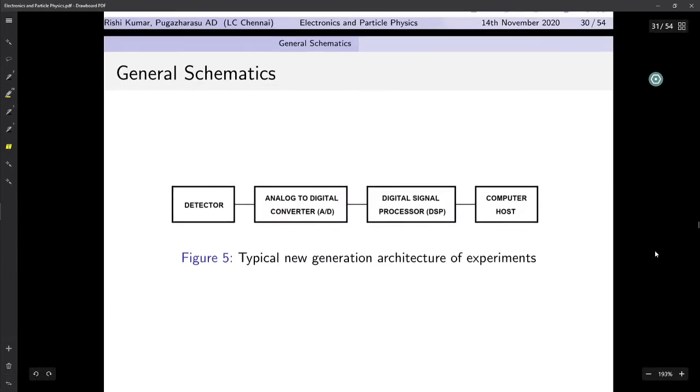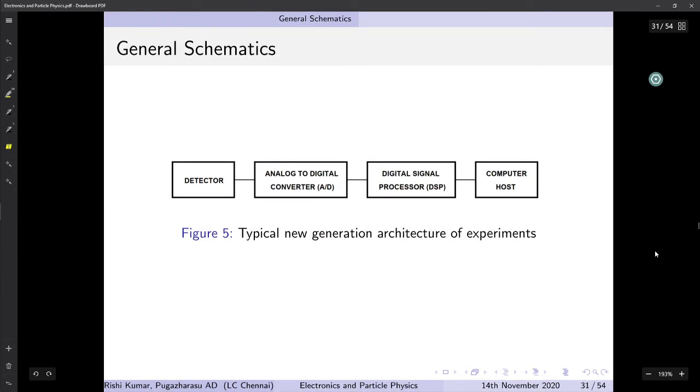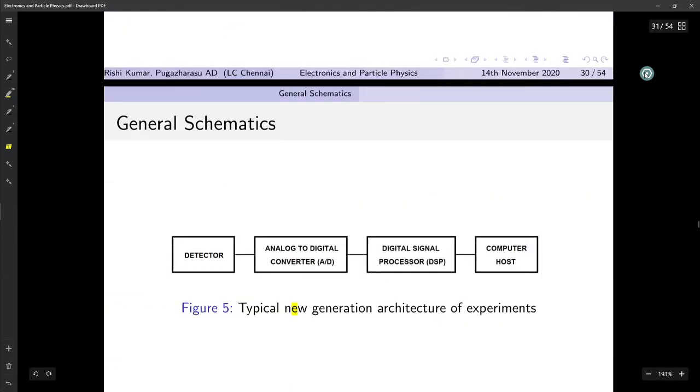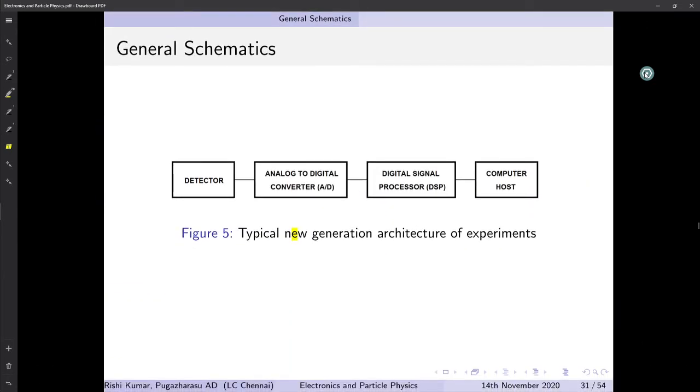But I would also encourage that we look at the general schematics of the newer architecture experiments. The more modern ones have a detector, an ADA, and a DSP followed by a computer host. So this is the modern structure, but again, hidden within the ADA and the DSP are just these same components, only that we don't have their analog counterparts.